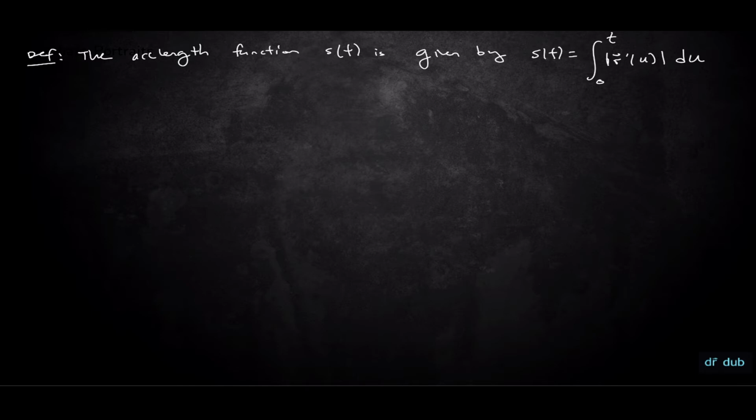It doesn't really matter what you use for the integration variable. I don't want to use t because that's my variable upper bound. Sorry, why did I put 0? It should be from a to t. So the arc length function is given by this integral from a to t.